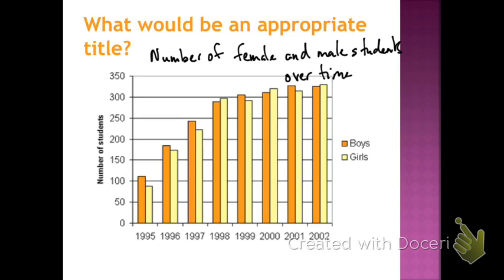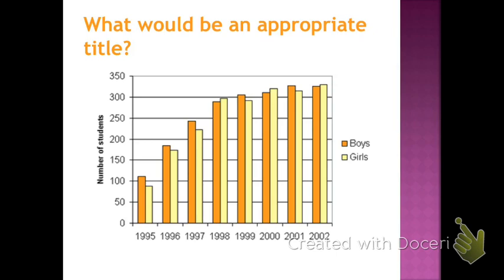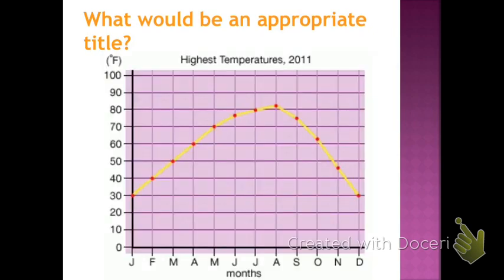That would be appropriate, because it basically summarizes the graph in 5 to 10 words. Go ahead and try on your own this one. What would be an appropriate title here? It looks like these are temperatures over the months, right?